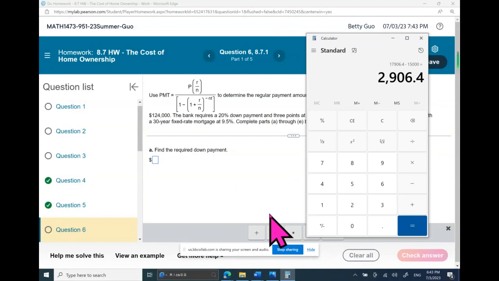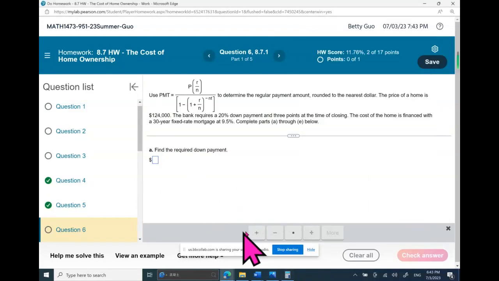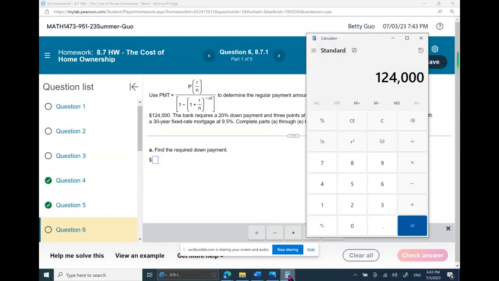Part A, find the required down payment. Home price $124,000. How many percent do you need to pay? You need to pay 20% down payment. That's good. Multiply by 20%.